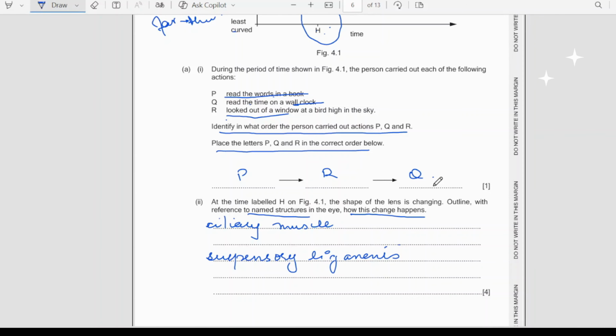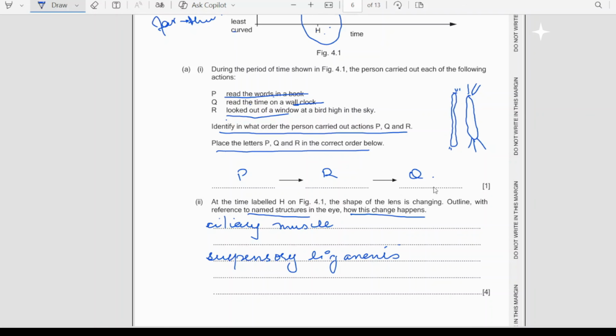So suspensory ligaments are present at the edges. Let's say it's a lens, suspensory ligaments are present here. So they get shortened. So the lens would get bigger and thinner.